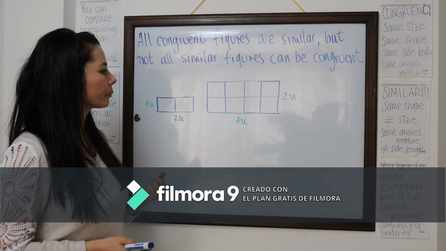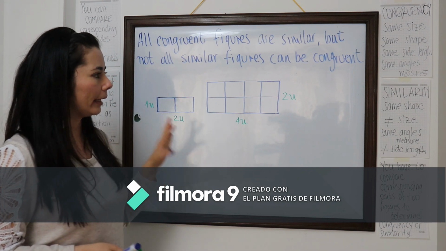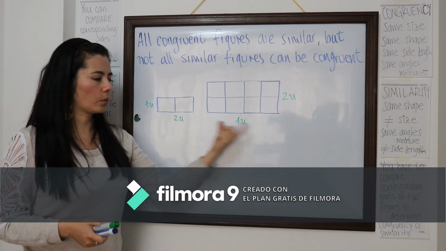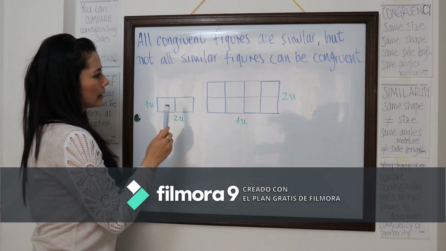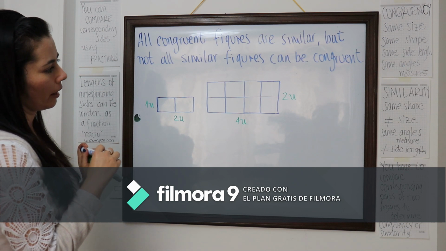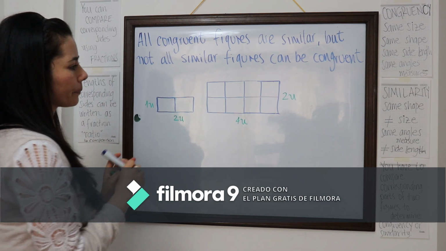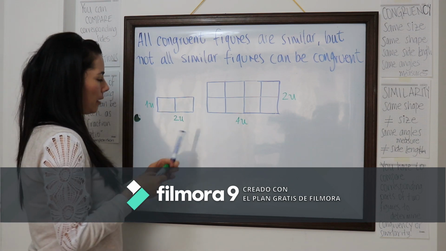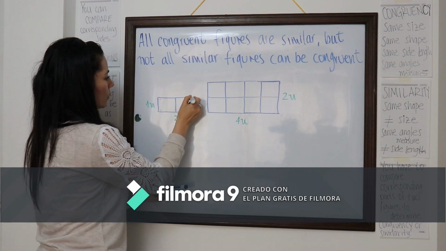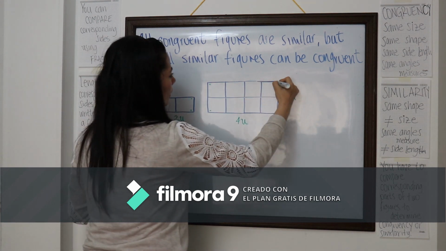So the thing about these two is I need to think about how the similarity is working. In this case, I have the same shape, right? I do not have the same size. I do have the same angle measures because we know we have right angles in all figures, right?